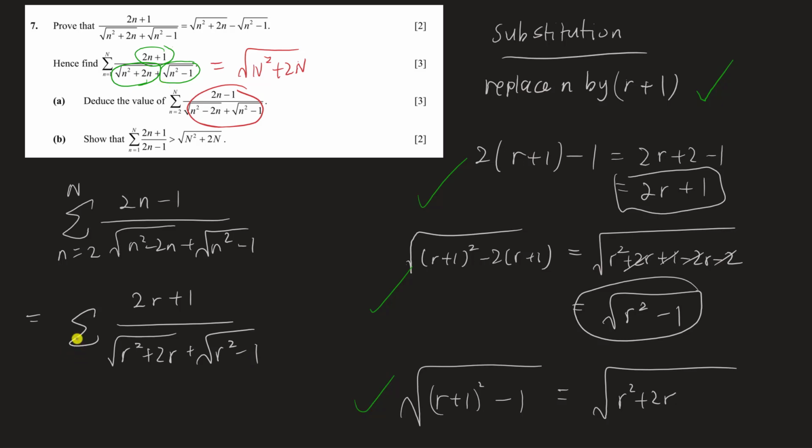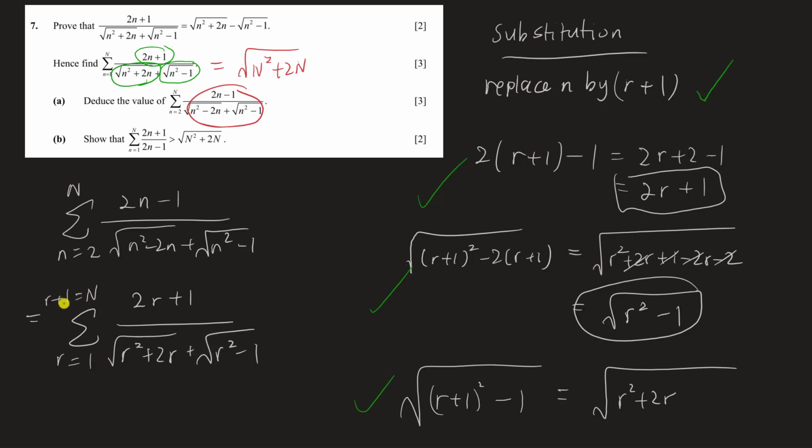What about here, the boundaries? Previously it is n equals 2. I replace n by r plus 1. This will become r plus 1 equals 2. Bring that 1 across, I will get r equals 1. Above, we want to go up to n equals capital N. So now you have substituted n away by r plus 1.